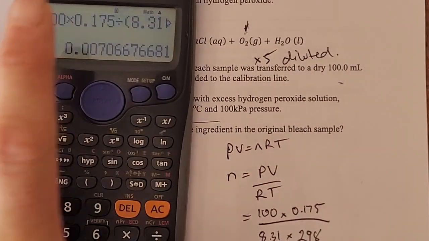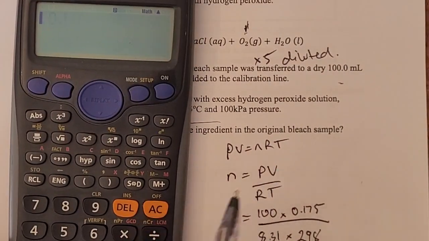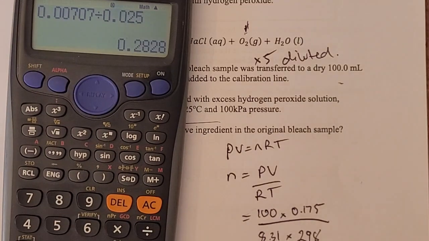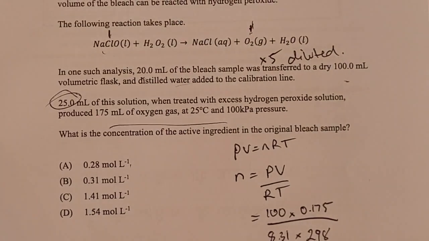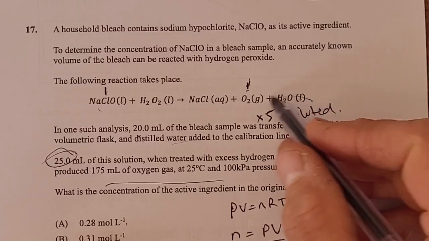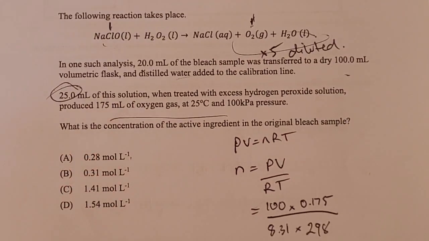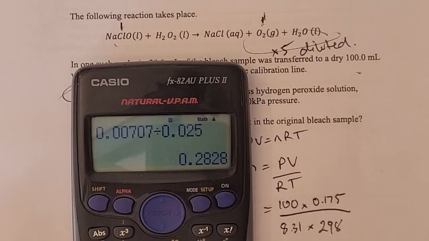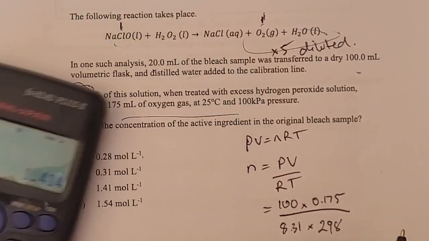That gives 0.2828 moles per liter. Don't fall for that one. Why not? Because it's been diluted 5 times. So we have to times this by 5. That gives 1.14.